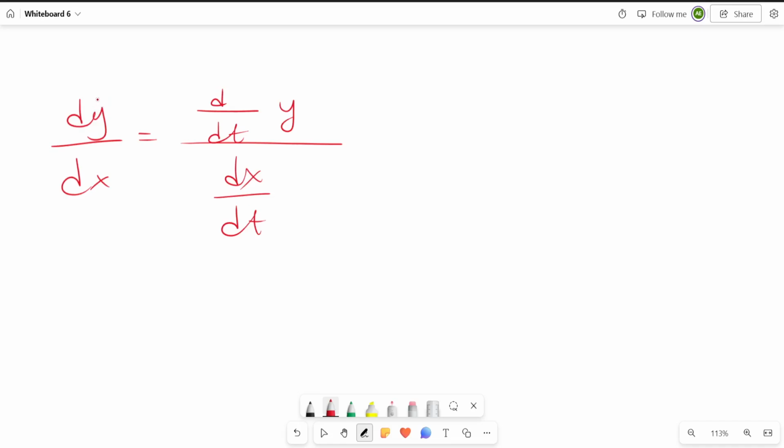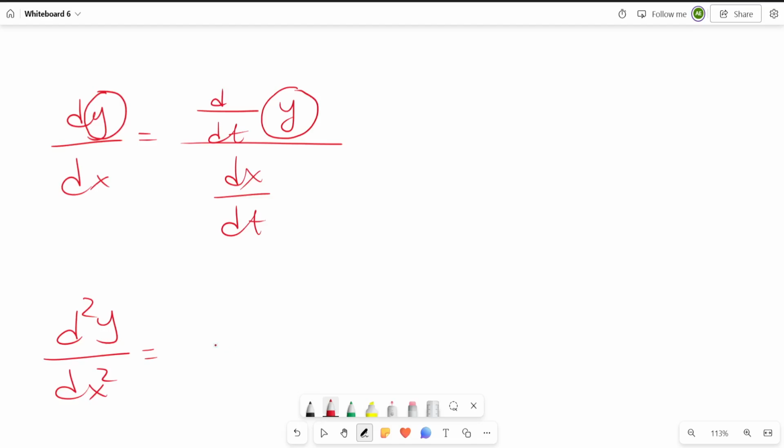So when we want to find dy by dx, we do the differentiation of the thing that we want to find. So if we want to find dy by dx, we do differentiation of y by dt over dx by dt.